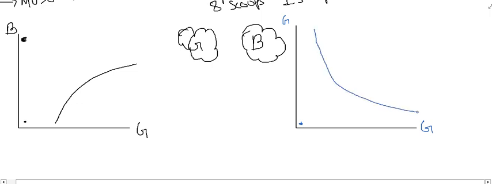The IC would be somewhat like this. Okay, and this we can see is an upward sloping IC. It's positively sloped, and this turns out to be negatively sloped.